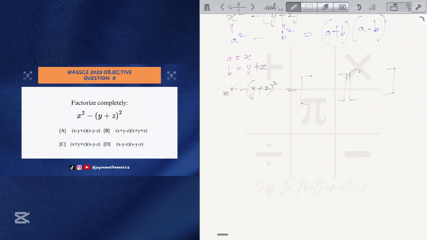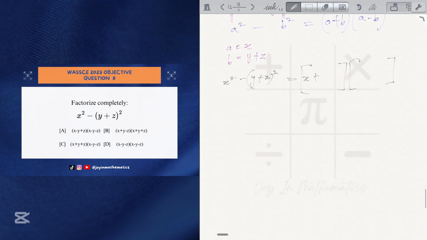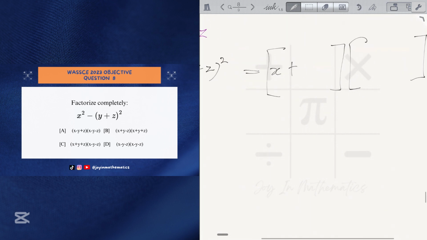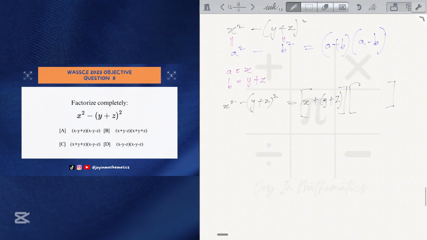So what is a? A is x. So we have x being added to b, and b is y plus z. So x plus y plus z. And similarly, a is x, and we are subtracting b, which is y plus z.